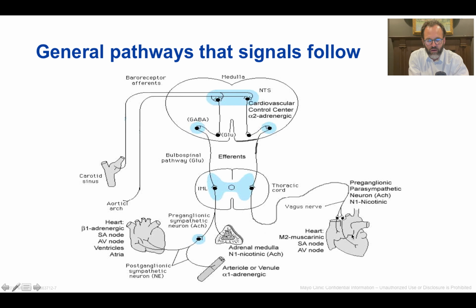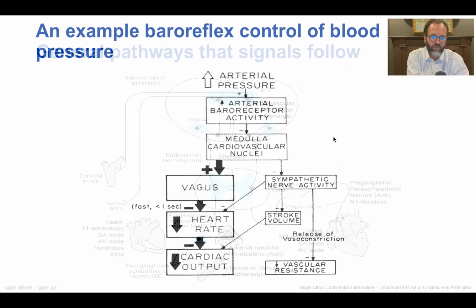We think of, again, the vagus nerve or cranial nerve 10 being the primary one influencing cardiovascular function, and there the changes in parasympathetic outflow are going to largely influence heart rate through activation or lack of activation of muscarinic receptors, which are cholinergic receptors in the heart, altering SA node and AV nodal firing rates. So broadly, this is the pathway that these signals are going to follow when you have changes in blood pressure.